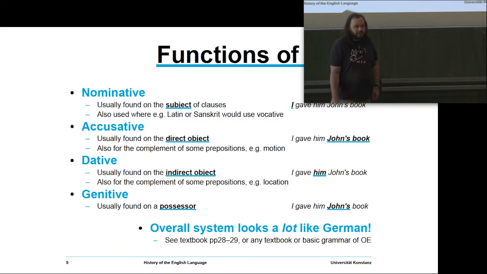But in this case, like I gave him John's book, the indirect object is him. And in an Old English example, you would find him in the dative case. In fact, this particular form is the dative pronoun form from Old English, masculine dative.